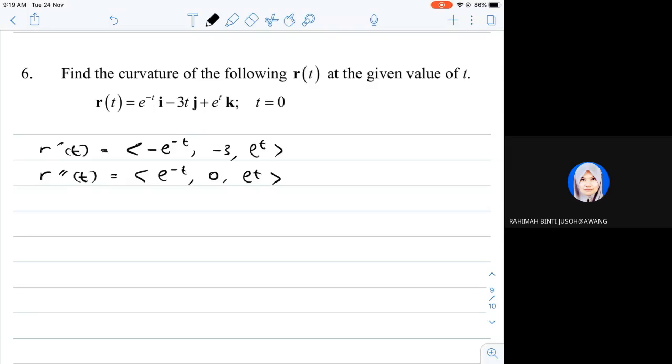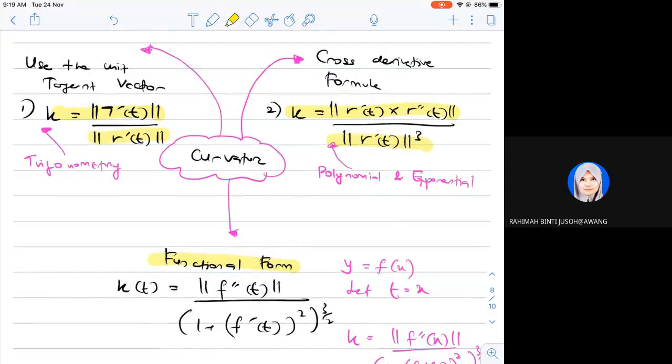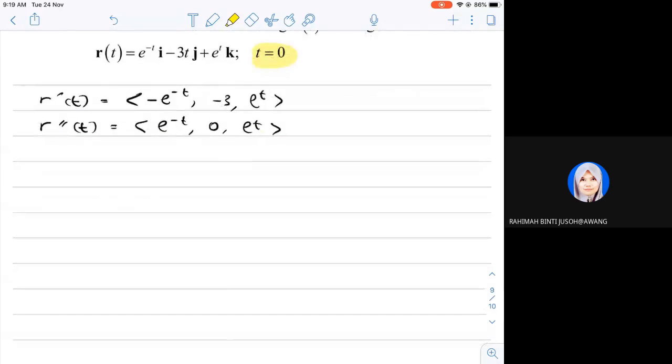Right, if you notice here, you are given the values of t equals to 0. So guys, before you do the cross product, it will be easier for you to substitute the values of t first. Because our formula has a cross product, right? Second formula. So before you proceed with cross product, you have to substitute the values of t first.